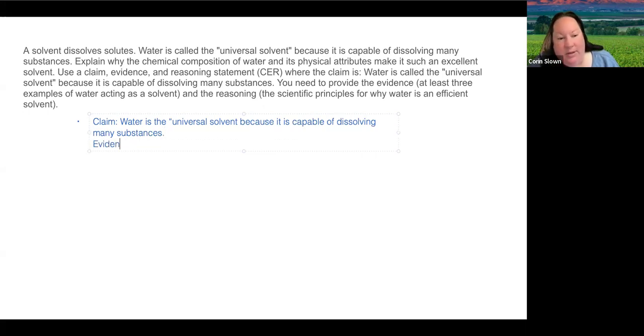Now, you might have come up with different examples of evidence, but here are the ones I was thinking about. So, example 1, water disrupts the attractive forces that hold salt, like NaCl, in a lattice.